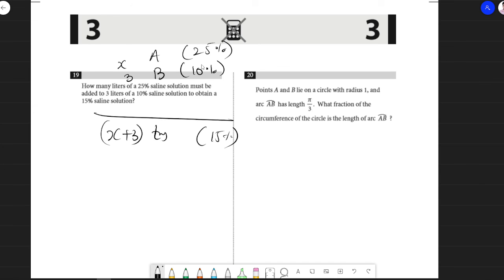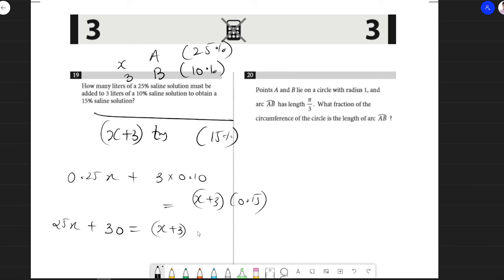So see, the salinity will be the same. I can write 0.25 times X plus 3 times 0.10 equals X plus 3 times 0.15. Now I can solve this equation. I can multiply the whole equation by 100. So I'll get 25x plus 30 equals x plus 3 times 15.